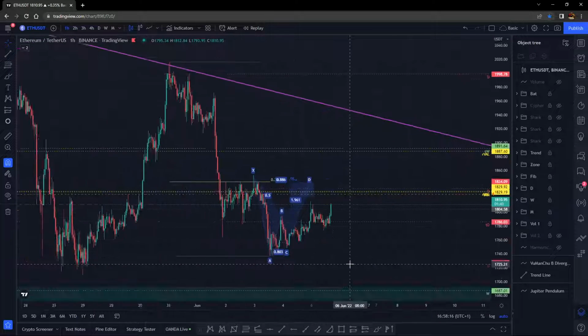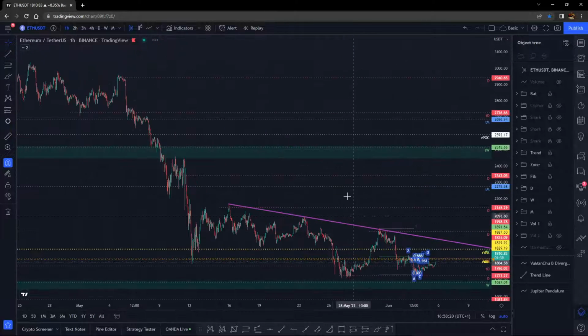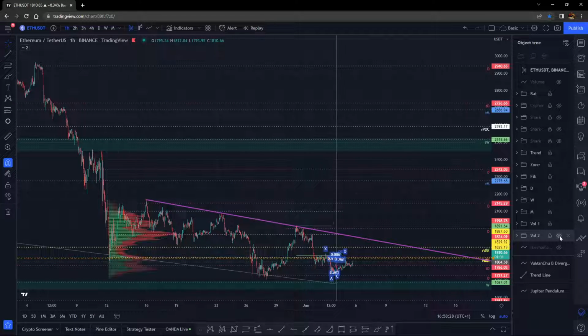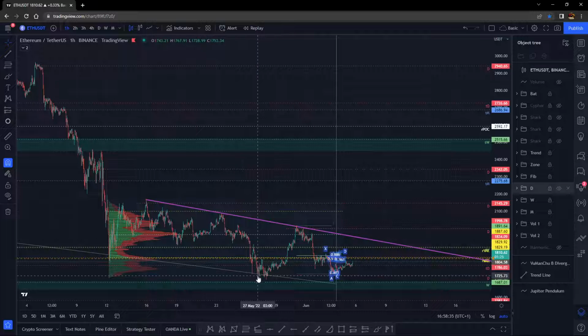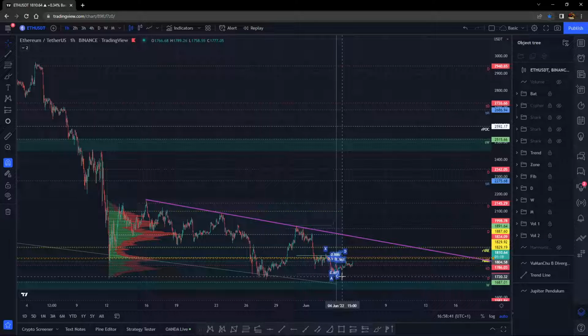What I've come across is, on this particular range that we've been in, we've fallen out of it once, hit the top of this trend line, and then fallen through it again.